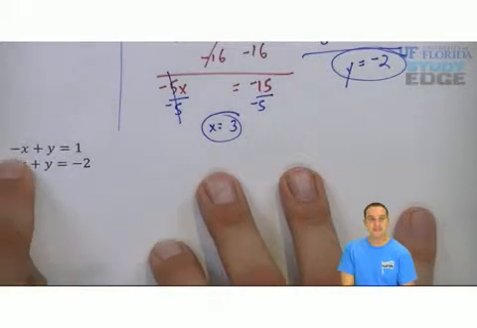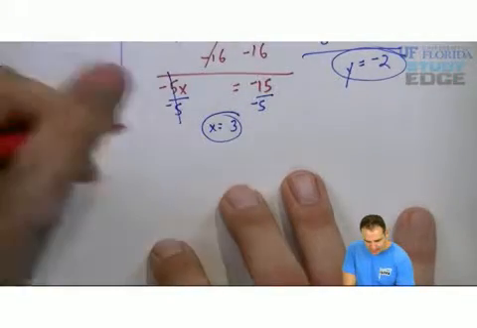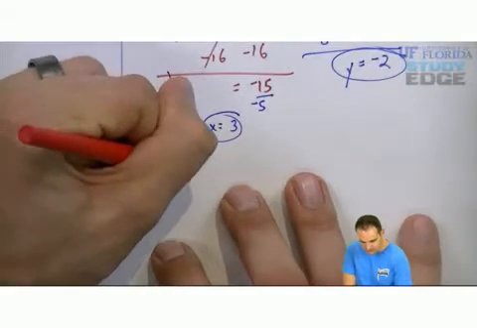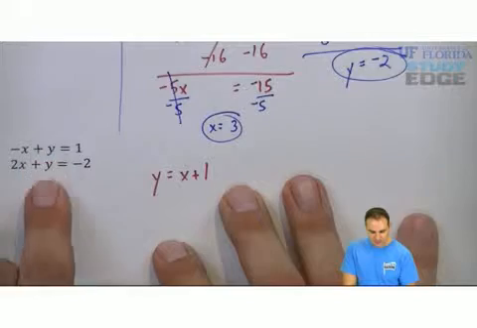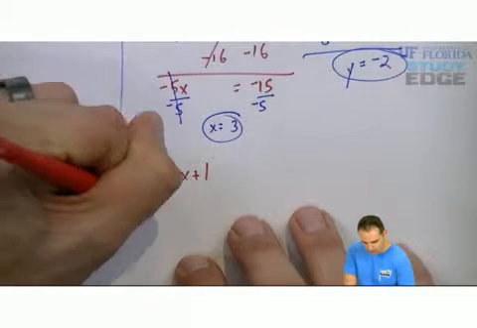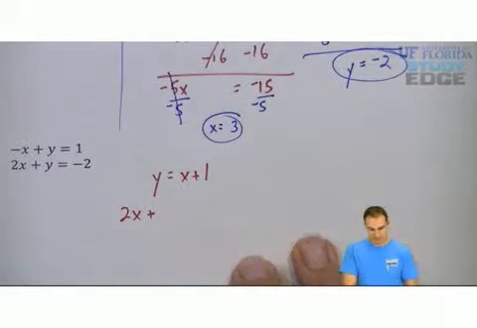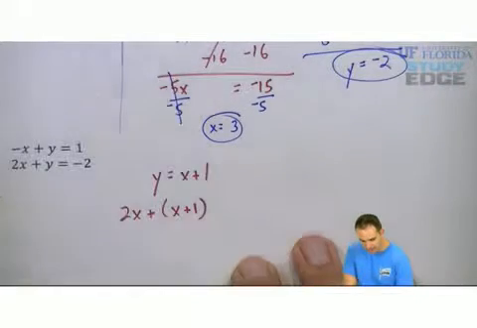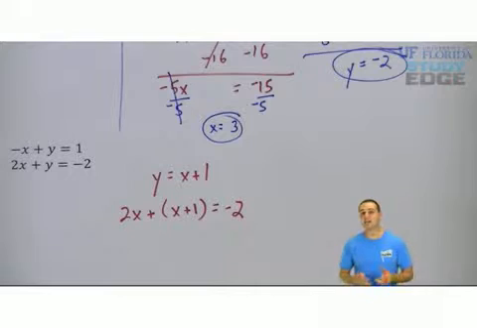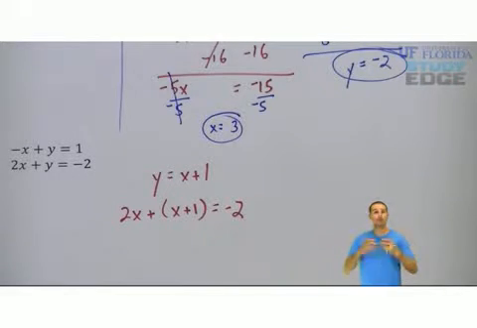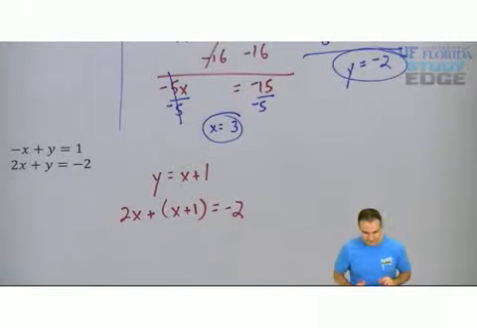That means I would add the x over to the right-hand side, giving me y equals positive x plus 1. And I'll substitute that into the other equation, 2x plus y, which is now going to be 2x plus x plus 1 equals negative 2. If you decided to solve the other way, go ahead and post your work on the wall, and we can check to see that we all got the same answers at the end.